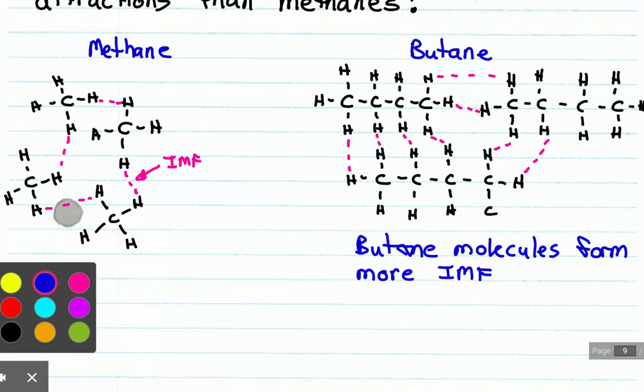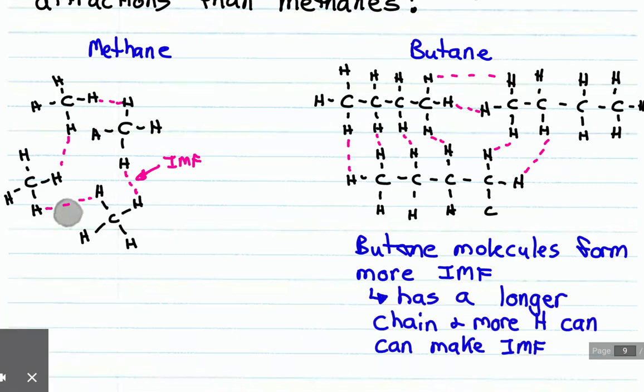It has more hydrogens capable of forming an attraction with other molecules. Okay, so our butane molecule forms more intermolecular forces. And this is because it has a longer chain and there's more hydrogens that can form the intermolecular forces.